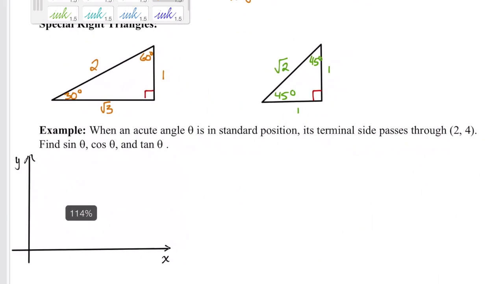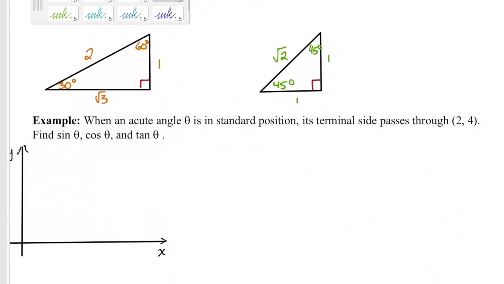So one of our first examples that we're actually going to go through: an acute angle is in standard position. Standard position means that we're starting on the x-axis like we had before in the last section, if you saw that, my 12.1 section. Its terminal side passes through (2, 4), and they want us to find the sine, cosine, and tangent of that angle.